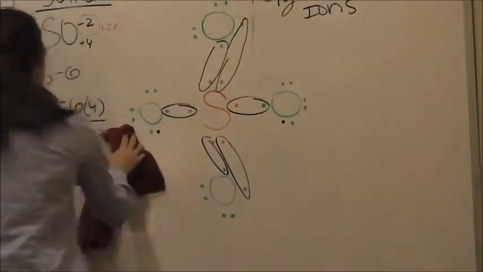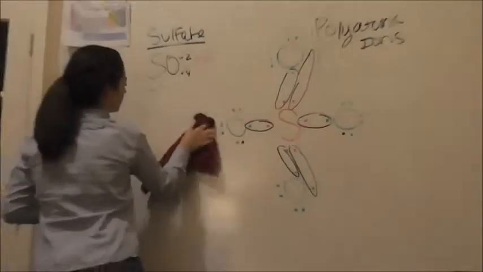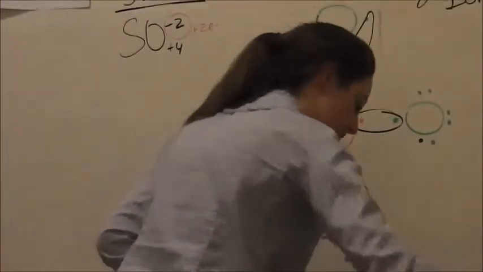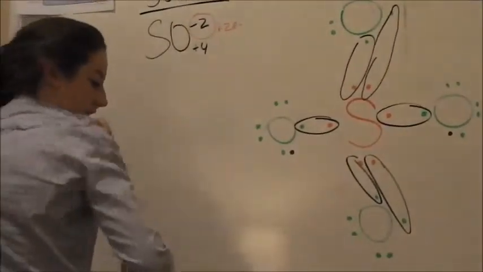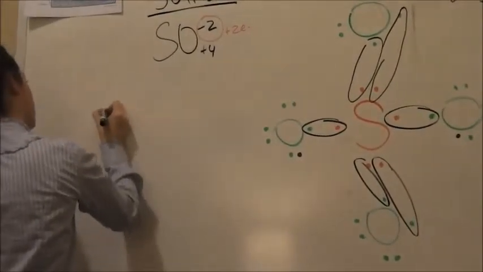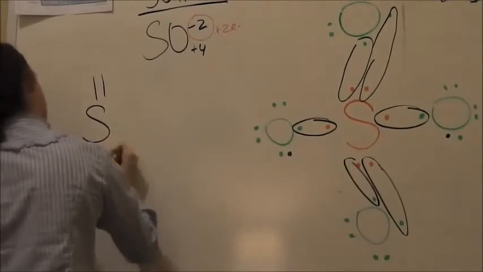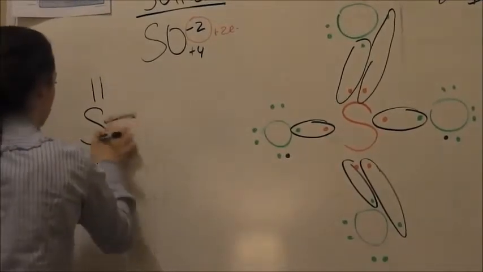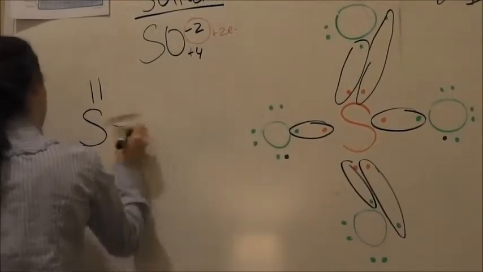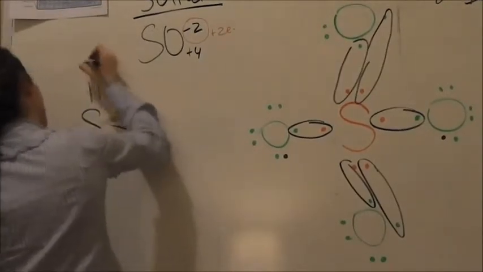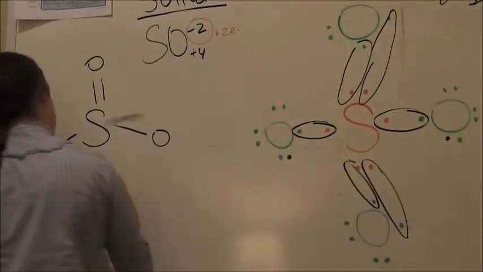So now we can redraw the sulfate Lewis structure. It's going to look something like this. We have sulfur in the middle, the double bond here, the double bond here, single bond. Oxygens.